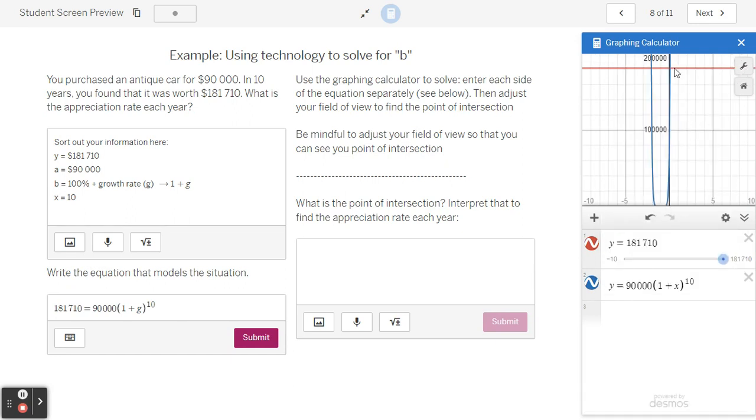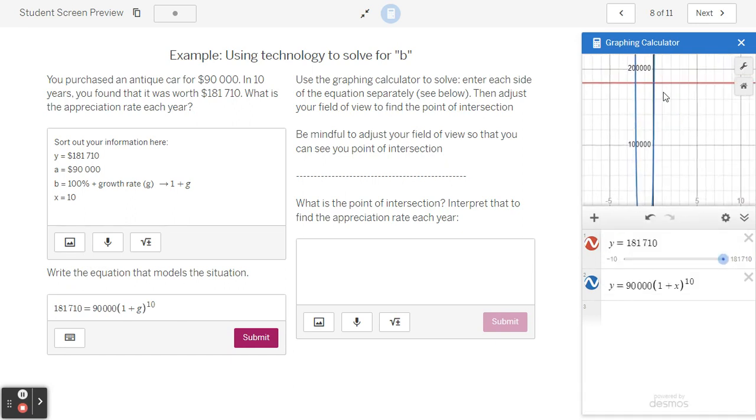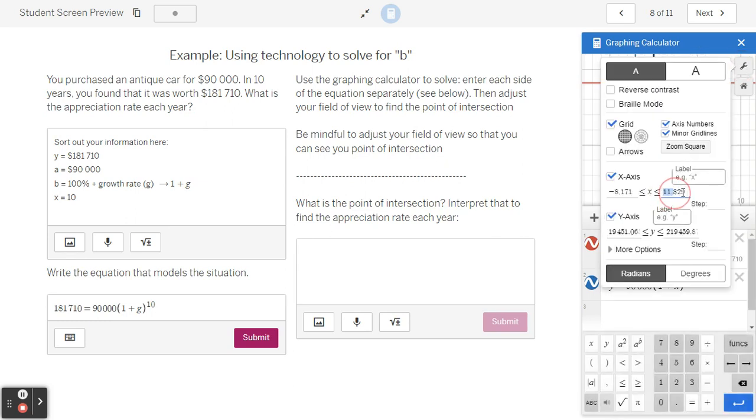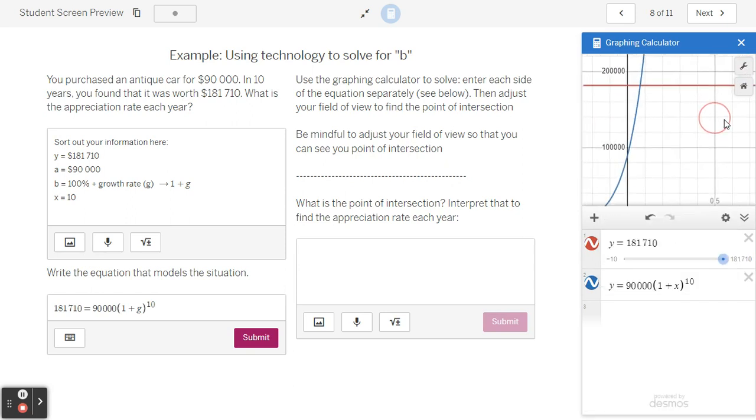Once I have that, I see the two lines intersecting, but it's still not a very good close-up. The G we know is a percent, and a percentage, if it's less than 100, is going to be a decimal value between 0 and 1. So I will change my x-axis to a number between 0 and 1.